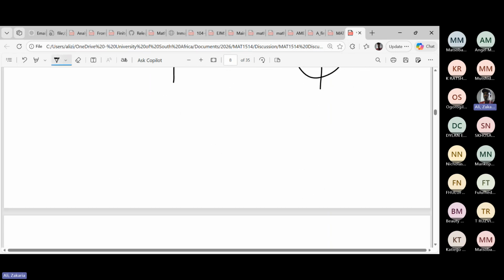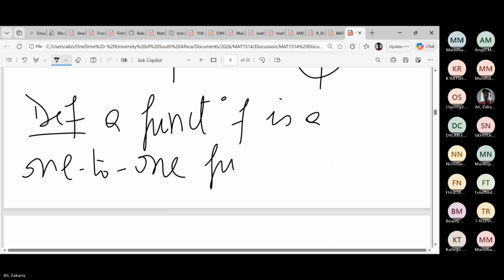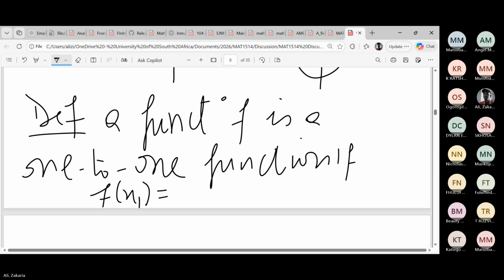Now, definition: a function f is a one-to-one function if f of x1 equals f of x2 implies that x1 equals x2.